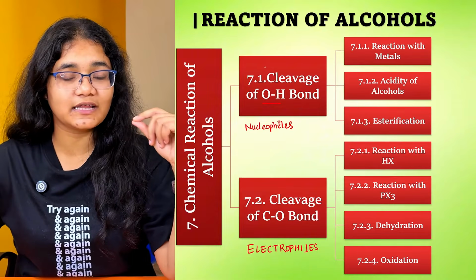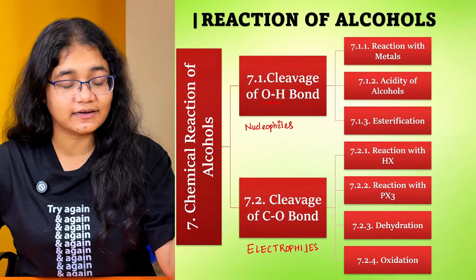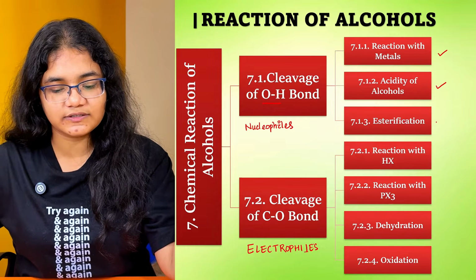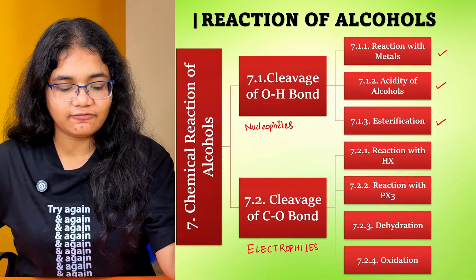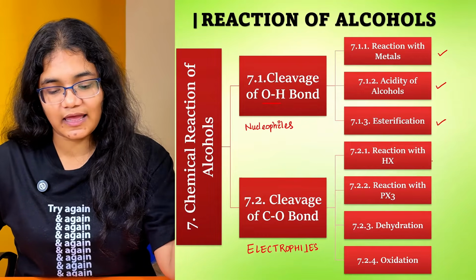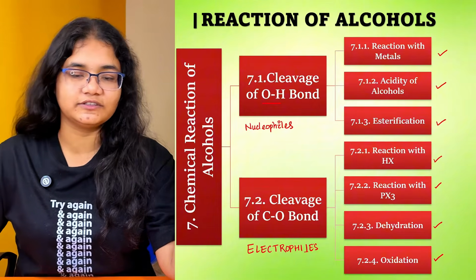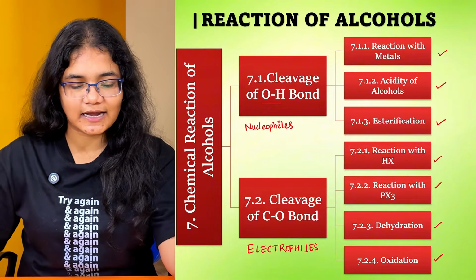When alcohols are behaving as nucleophiles, or where there is cleavage of the OH bond, we have reactions with metals, acidity of alcohols, and esterification. For the cleavage of the CO bond, we have reaction with HX, reaction with PX3, dehydration and oxidation reactions. So let us understand one by one.